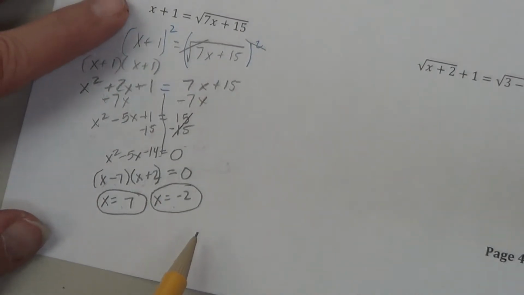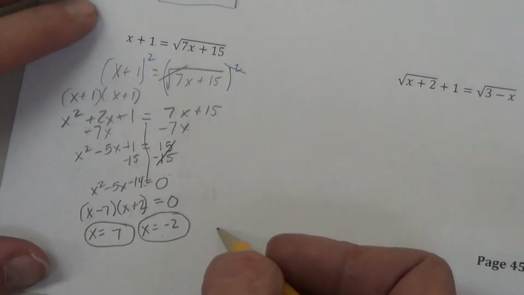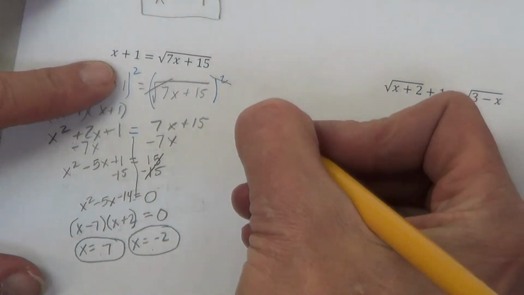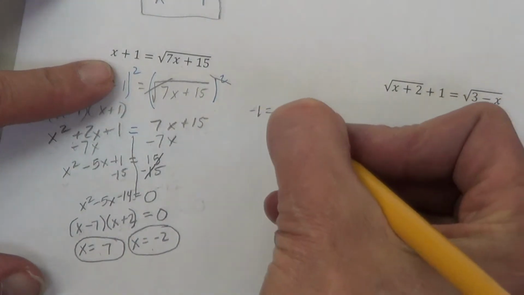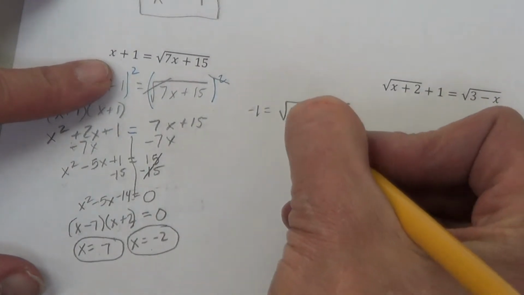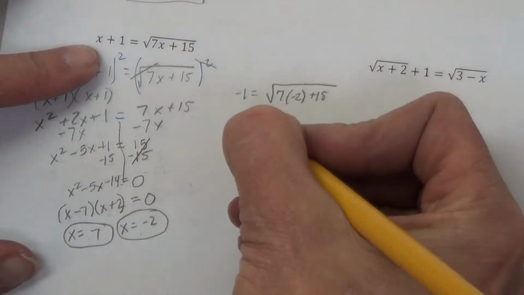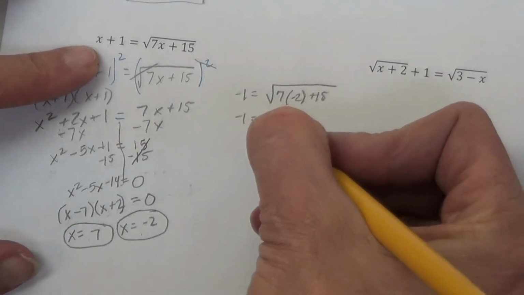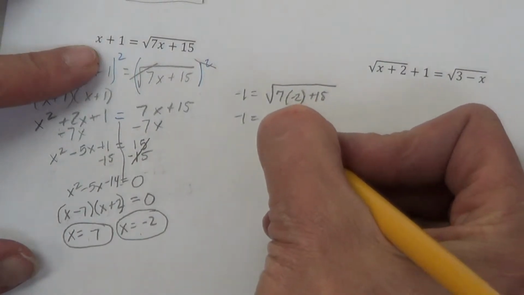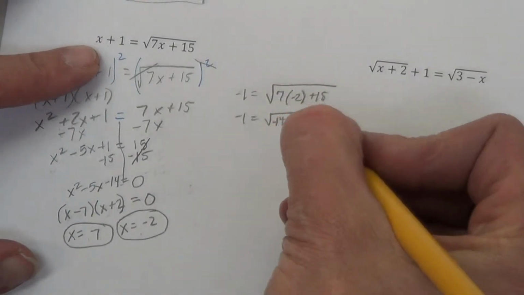So now we should check those two and make sure that they work. So we plug negative 2 back in up here. Negative 2 plus 1 would be a negative 1. Square root 7 times negative 2 plus 15. So negative 1 equals the square root of negative 14 plus 15.